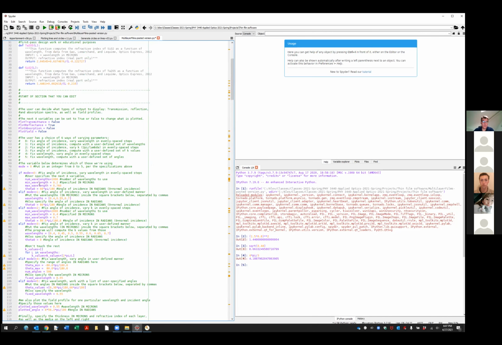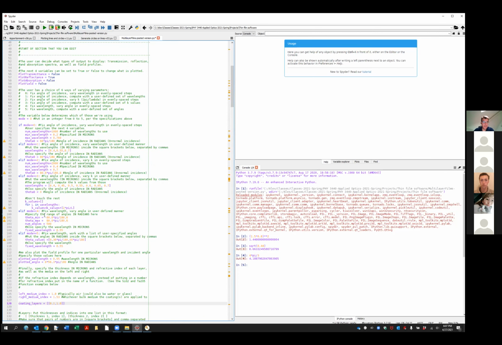And let's see how this depends on angles. So fix the wavelength and vary the angle. We'll go from minus 80 degrees to plus 80 degrees. And we'll just work with 500 angles, and we'll work in the center of the visible spectrum.